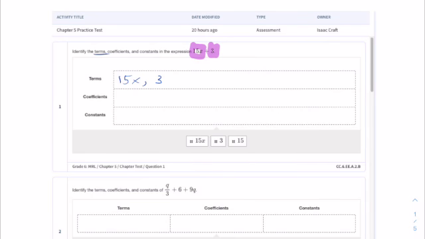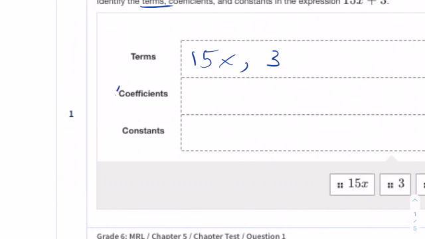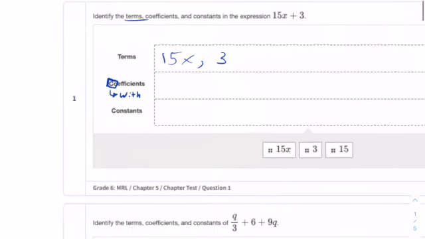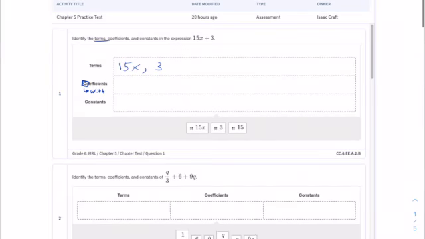Coefficients. For coefficients, I always remember the prefix co, which means, like, with. That reminds me that coefficients are numbers that go with a variable. If I look at my expression, I have one number that's by itself, and I have one number that's with a variable. So my coefficient here is 15.